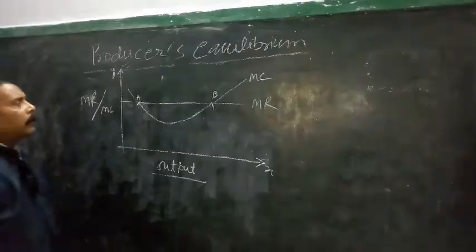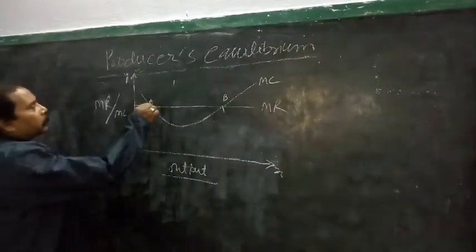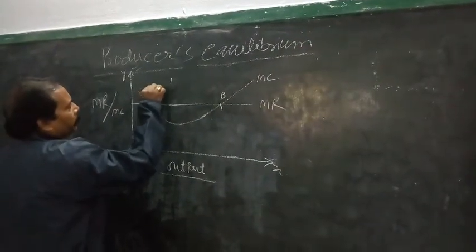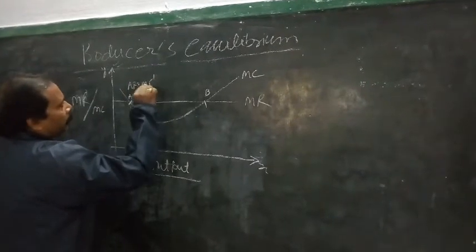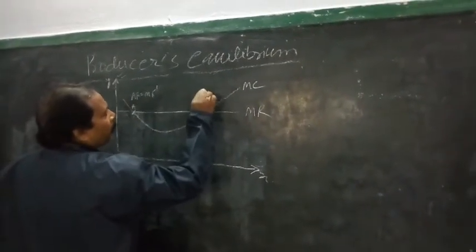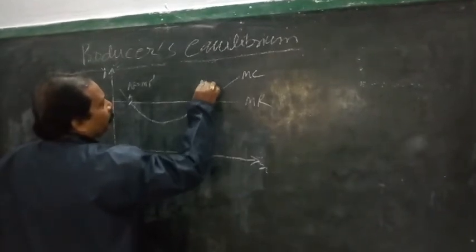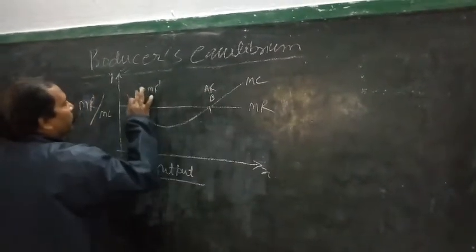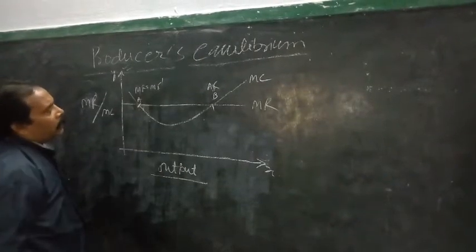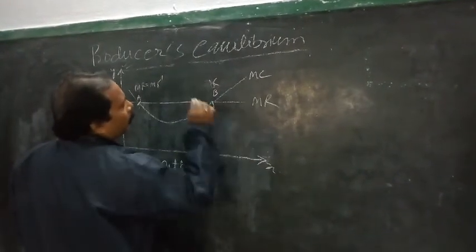Is it clear? At this point MR is equal to MC, and here also, sorry, not AR, MR is equal to MC. This is the point also.